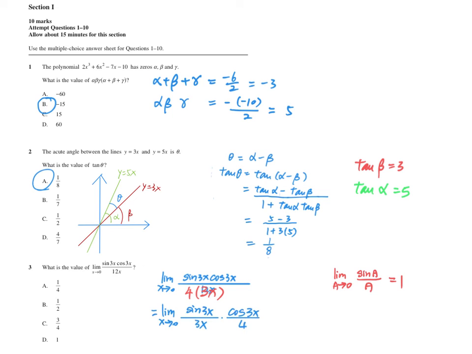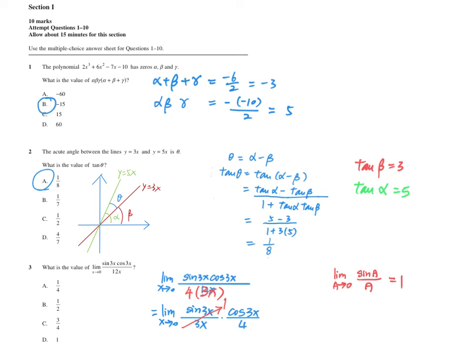Now, since they are multiplied, we can rewrite it as sine 3x over 3x times the rest, which is cosine 3x over 4. Sine 3x over 3x, when the limit of x tends to 0, the whole thing goes to 1.